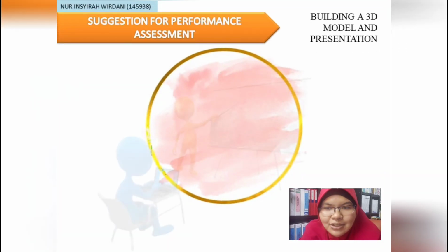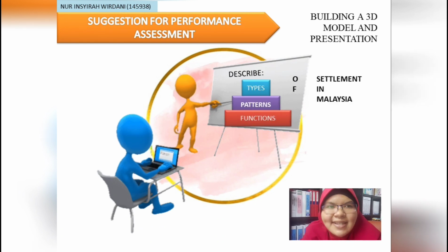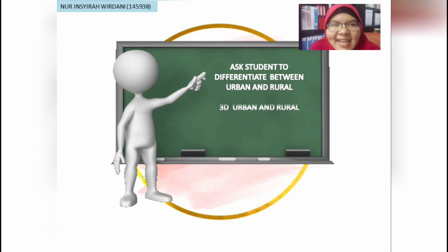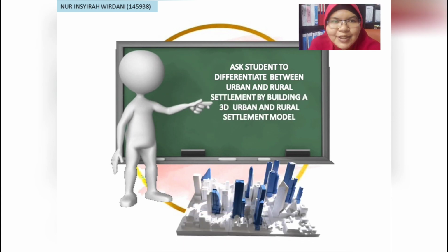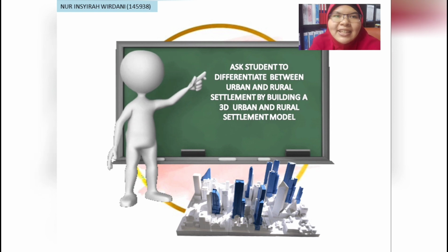This is our suggestion for performance assessment. First of all, we suggest that the teacher can assess the student individually, as an individual performance assessment. The teacher can ask the student to describe the type, patterns and function of settlement in Malaysia. Next, the teacher can ask the student to differentiate between urban and rural settlement. How can the student do it?